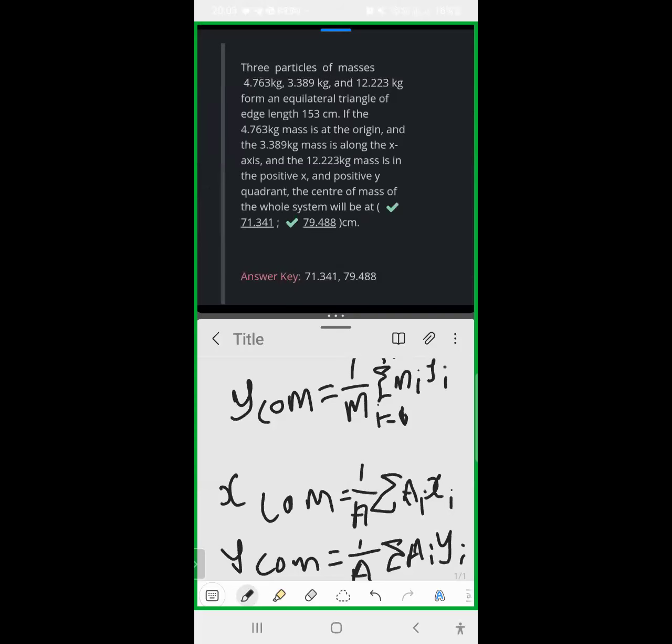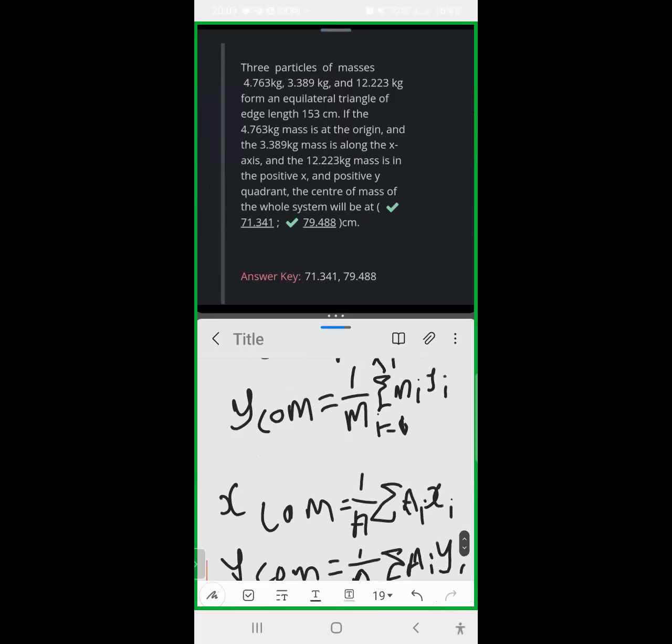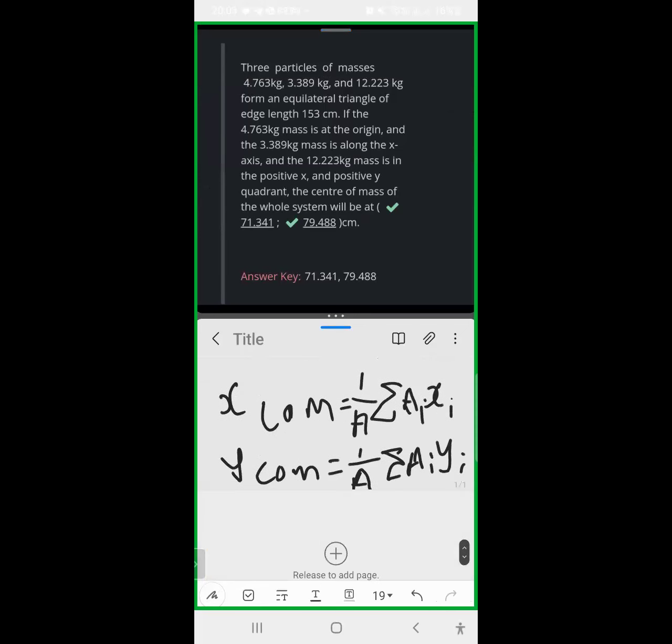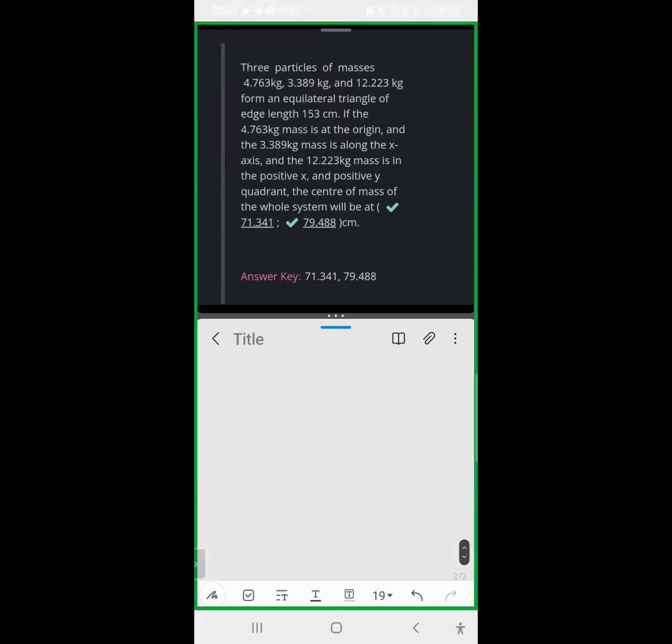It says three particles of masses 4.763 kg, 3.389 kg, and 12.223 kg form an equilateral triangle of edge length 153 centimeters. Now let's visualize the problem.